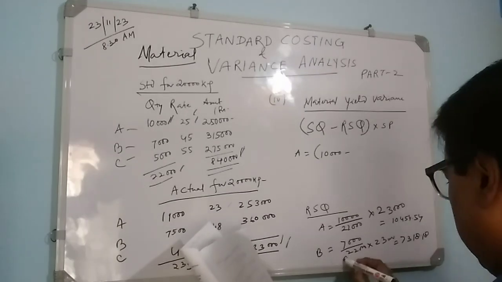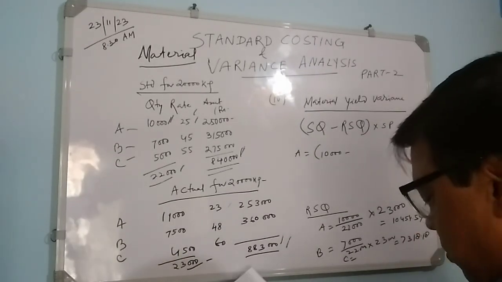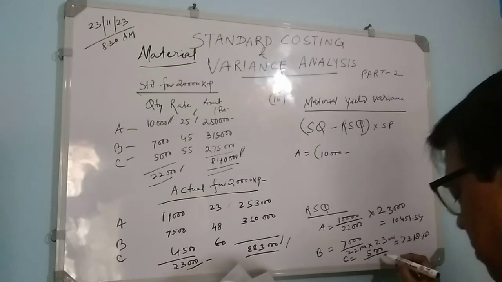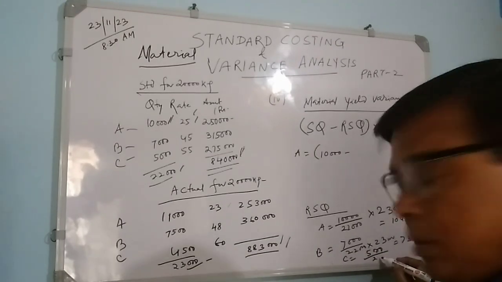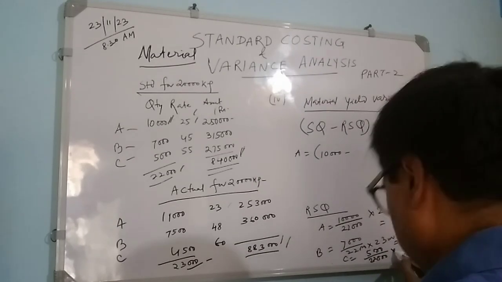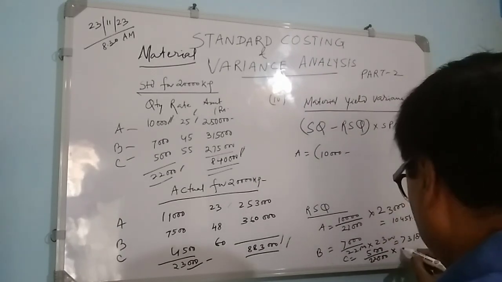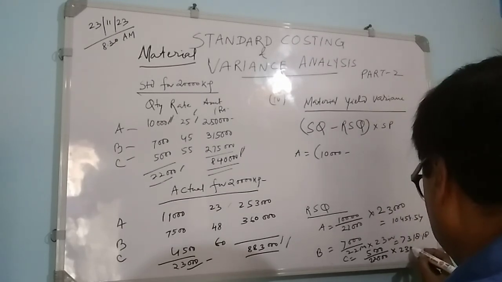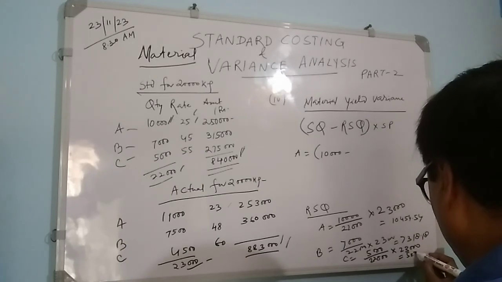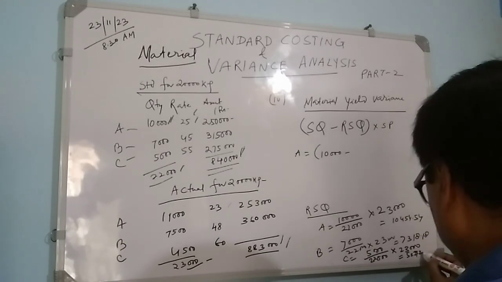7,318.18, and C will be 5,000 by 22,000 into 23,000. This figure will be 5,227.27.